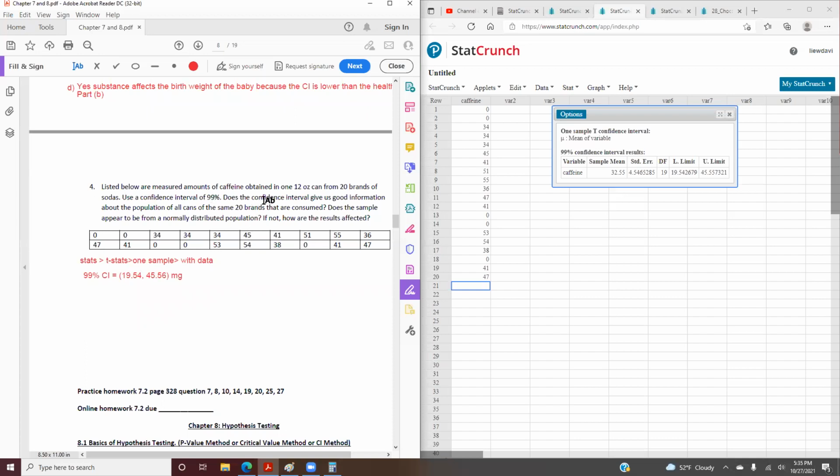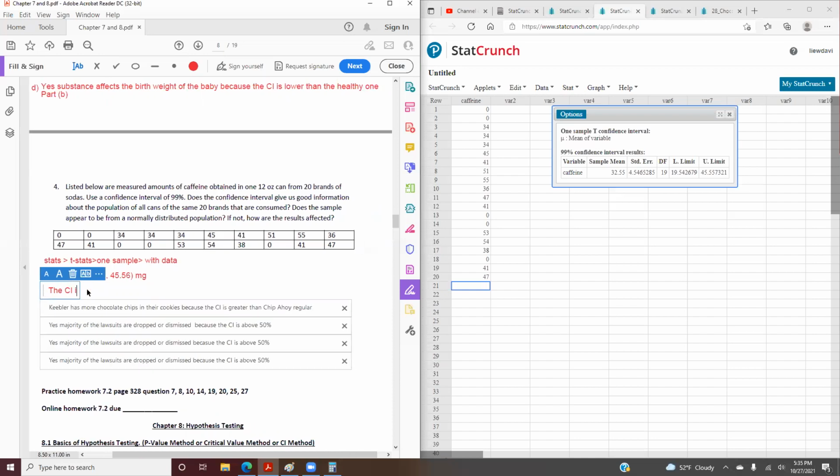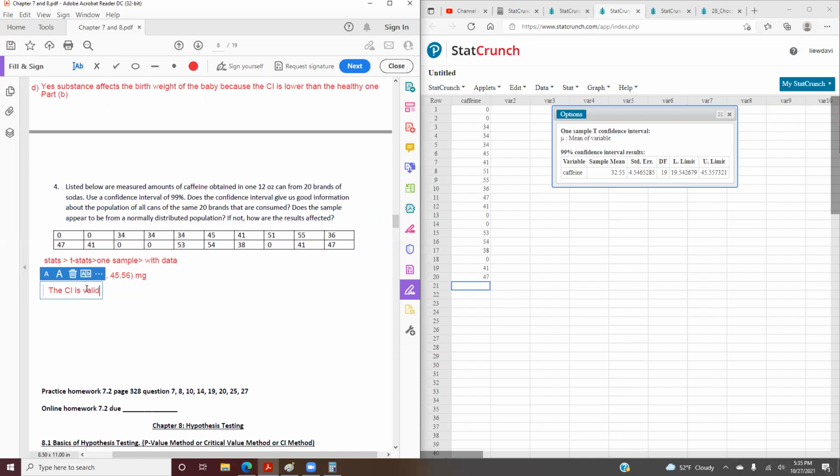Does the confidence interval give us good information about the population of all cans? So the question is, do you think this confidence interval is valid or invalid? Valid or invalid? Anyone?